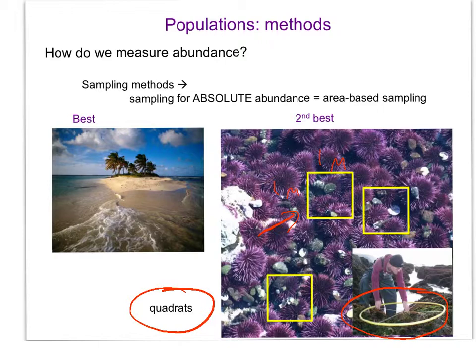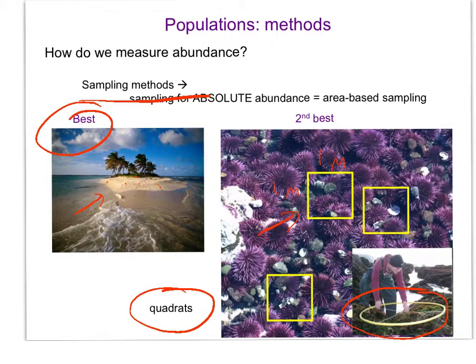Now, of course, the best way to kind of sample would be to count every single organism in your area. And this picture here shows if you had some kind of an isolated tropical island, maybe you could actually go in there and count every single sea urchin, or every single insect, or every single tree. Maybe wouldn't be so hard on this little island.